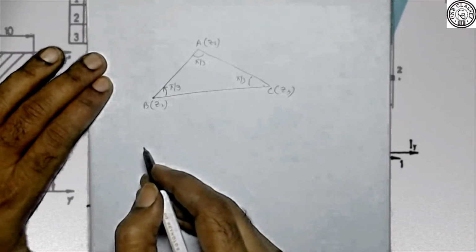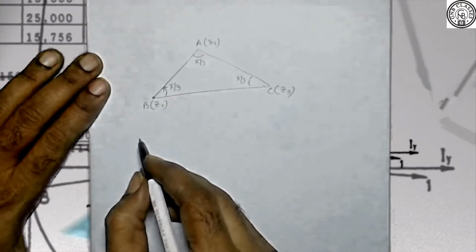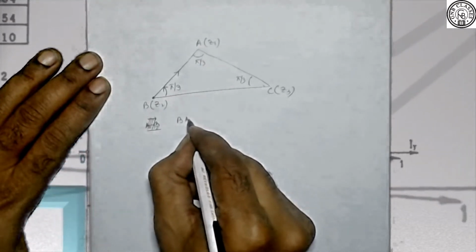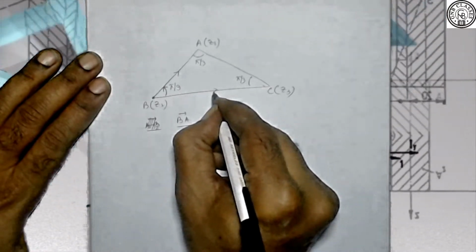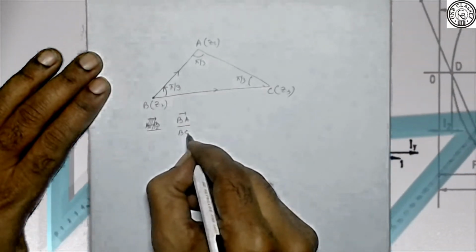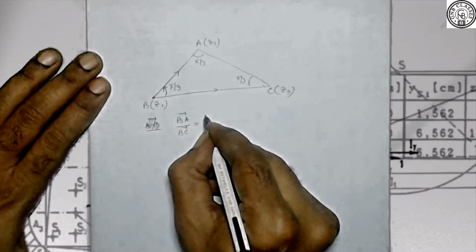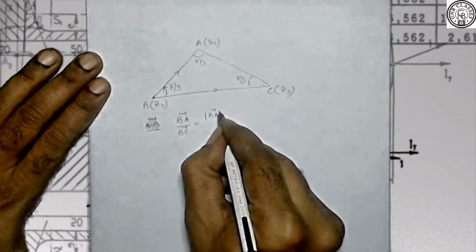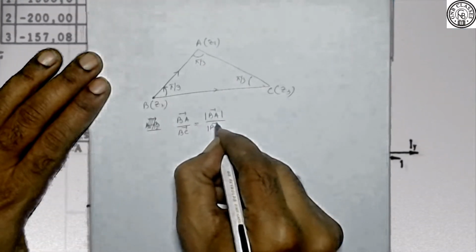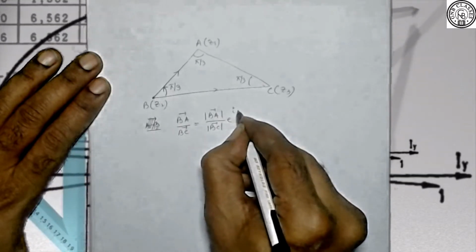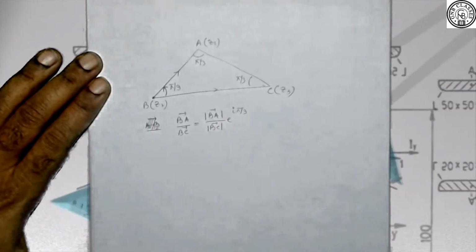Therefore, from the rotation theorem, we can say that BA vector by BC vector is equal to mod of BA vector by mod of BC vector times e to the power iota pi by 3. Am I correct or not?